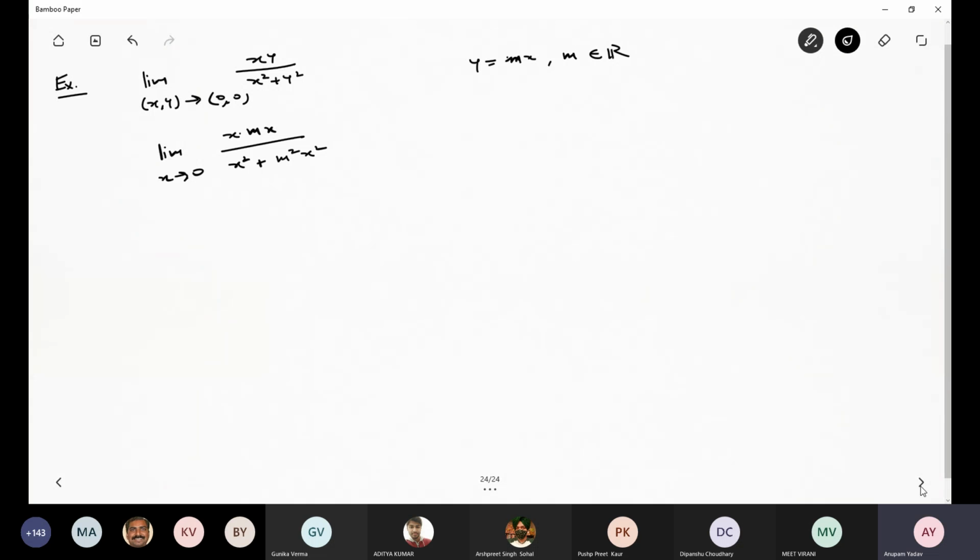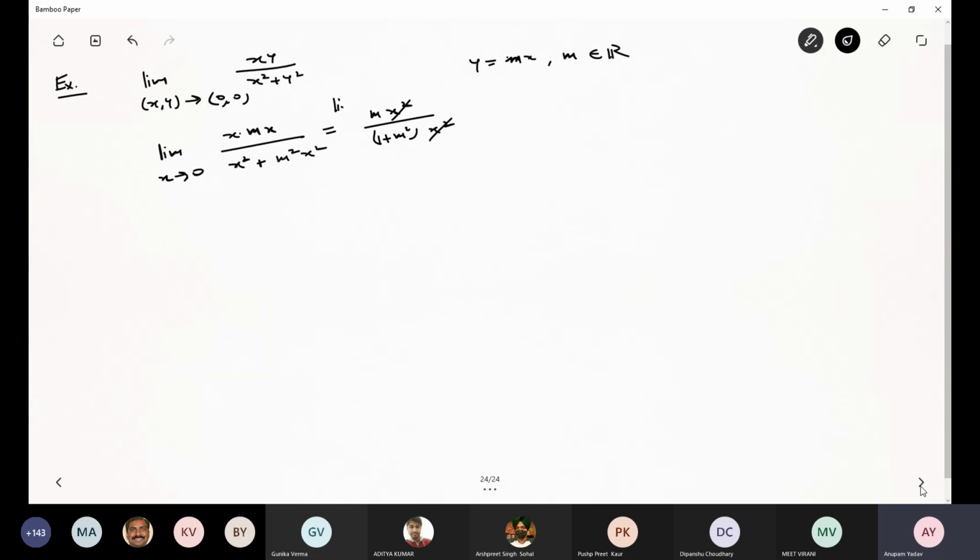Okay, so if I just take m common and write like this, 1 plus m square into x square, cancelled out.